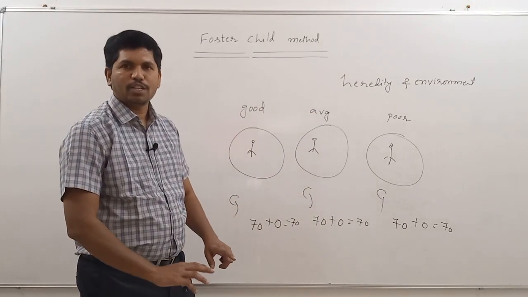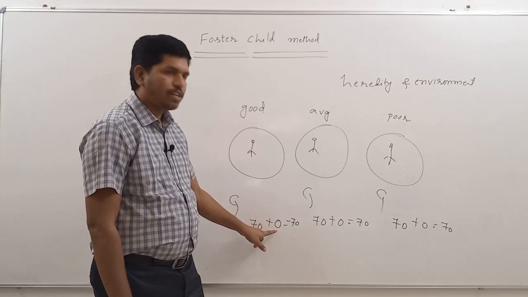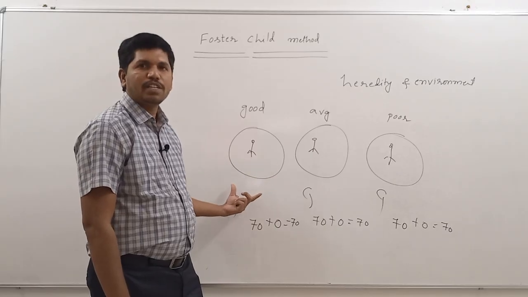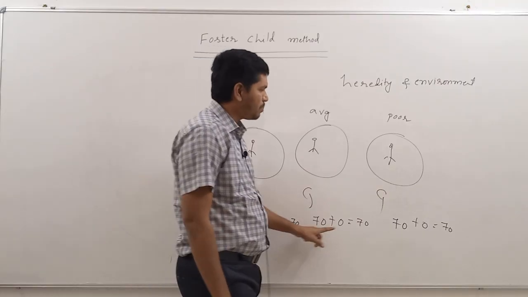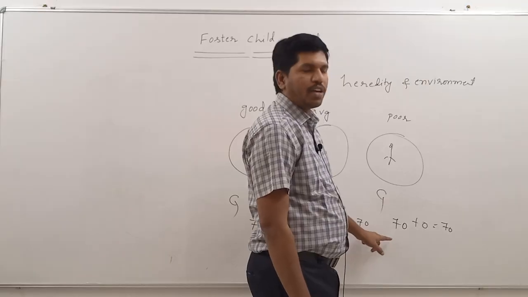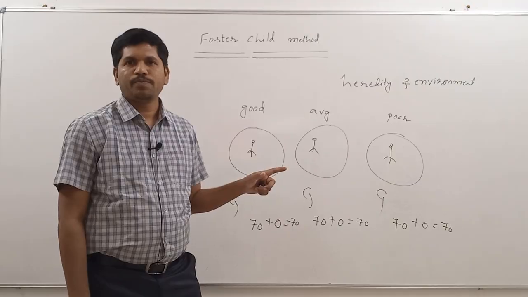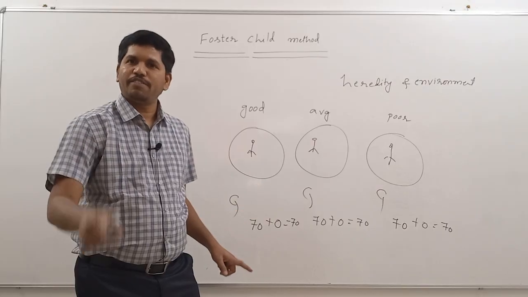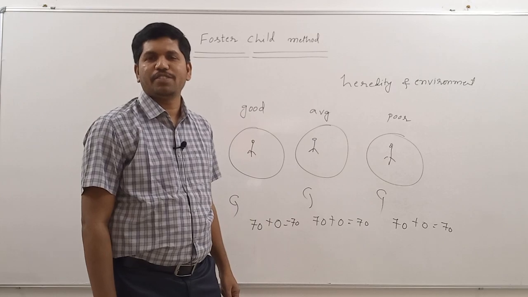If the environment has no role, then the contribution because of environment is 0. Then because of random selection, the genetic element is equally distributed. That's why 70 points here, 70 points here, 70 points here. That's why after rearing these children in 3 different homes, if we have the same intelligence in all the children, definitely we can say that environment has no role in the development of intelligence.